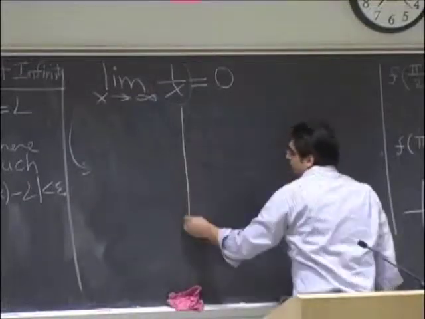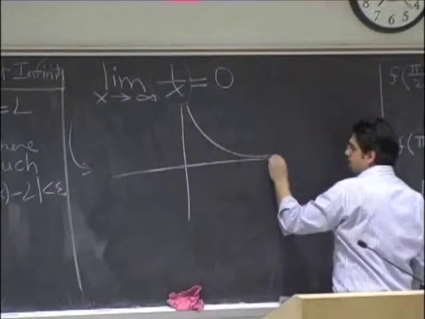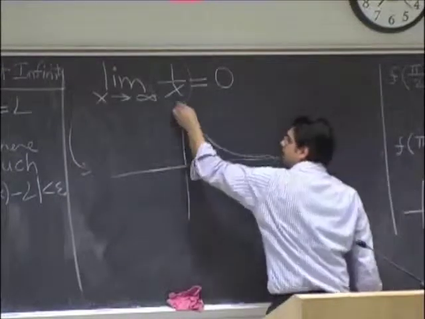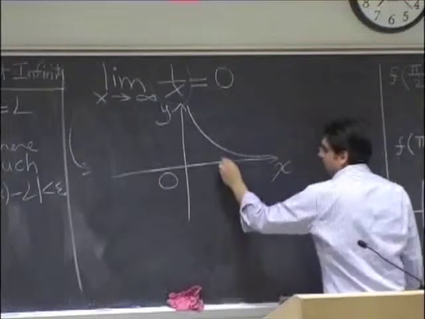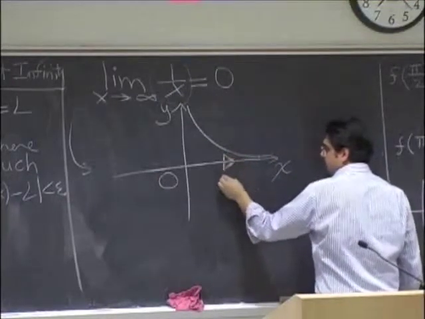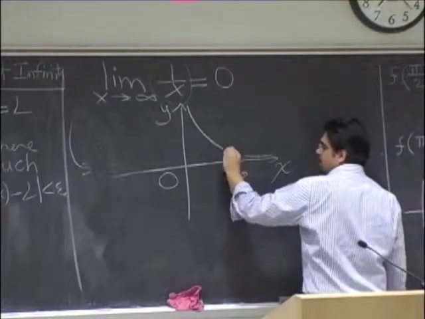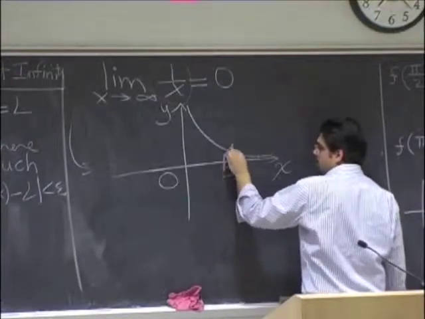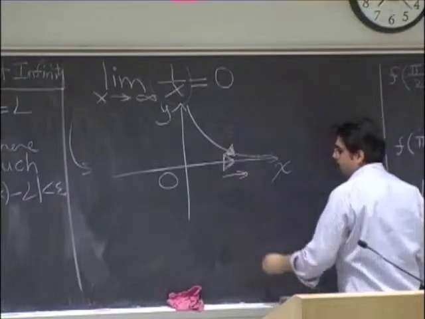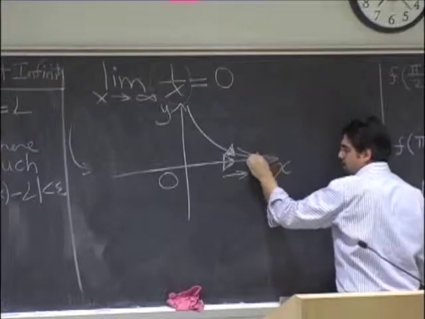Now if you remember the picture for 1 over x on the positive quadrant, this is what it looks like. And so here's some pictures of x going to infinity. And if you take that same triangle position here, as x goes to infinity, you're going to slide down this curve.